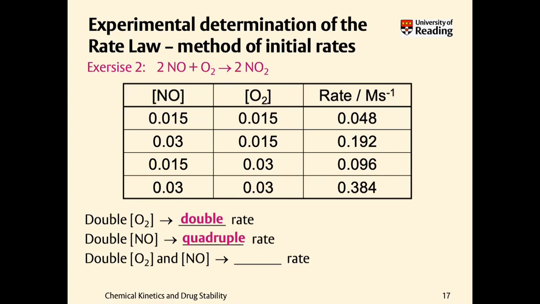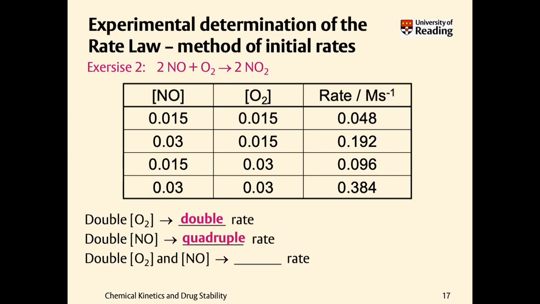Finally, if the starting concentration of both reactants is doubled, so let's compare the first and the fourth reaction, then the rate becomes 8 times. You can see the rate of the fourth reaction is 8 times the rate of the first reaction.